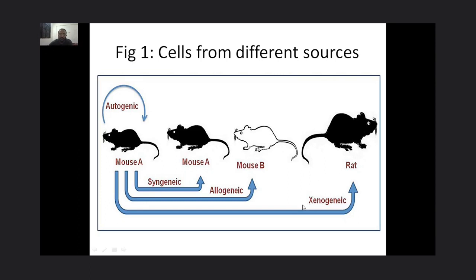For xenogenic, allogenic and syngenic, for all these 3 we will have to go for immunosuppressors. In some cases syngenic doesn't require immunosuppressors, but for allogenic and xenogenic, if you are taking these cells from here to here or here to here, you have to use immunosuppressors so that the immune system does not produce antibodies which would come and kill the healthy cells taken from different persons, rats or different species.